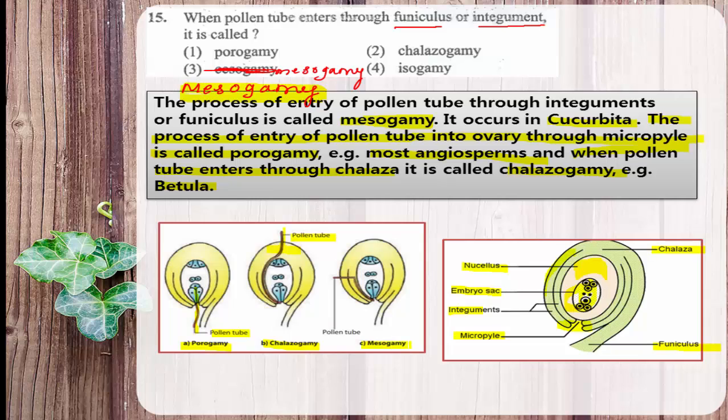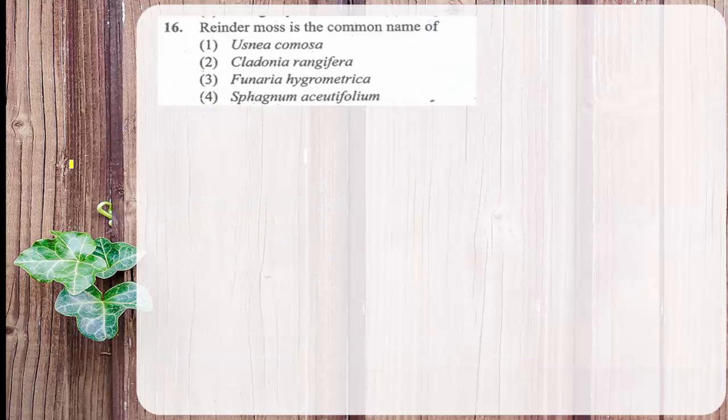When the pollen tube enters into the ovule through the integuments or through the funiculus, it is called mesogamy. And in the given question, the asked question is, when pollen tube enters through the funiculus or integument, it is called mesogamy. Then moving to the next question.